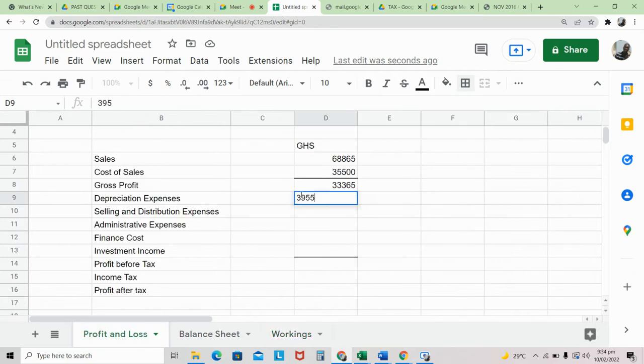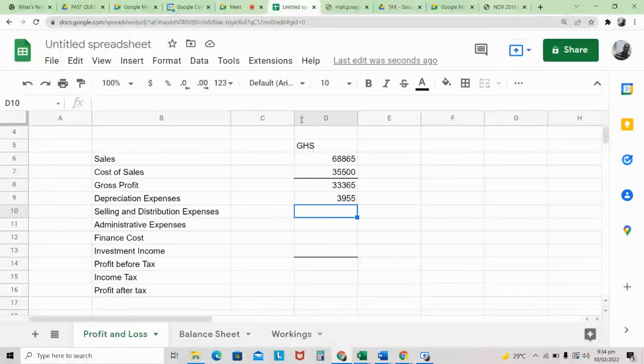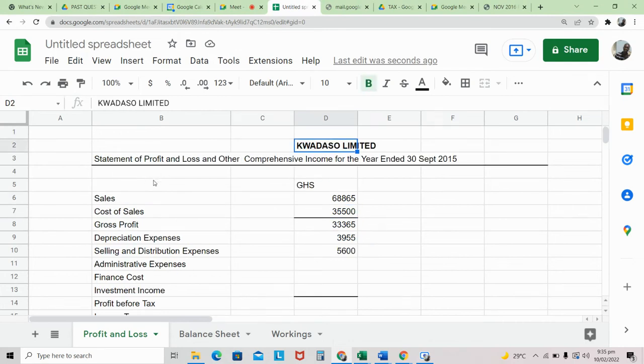So we have selling and distribution expenses. They have given us the figure here, so you don't have to stress yourself. You come and put it here nicely like this. You see that our income statement is taking shape small small.